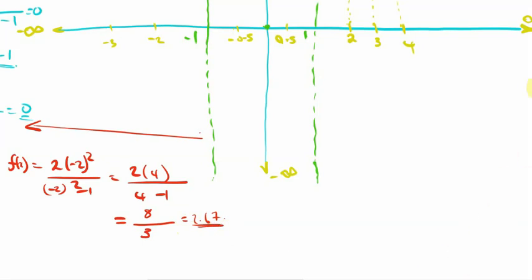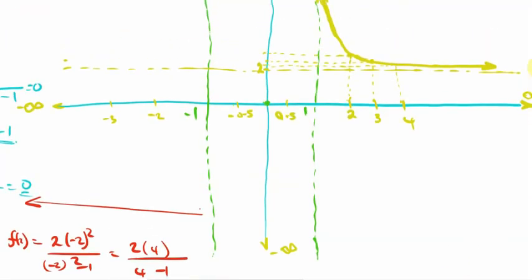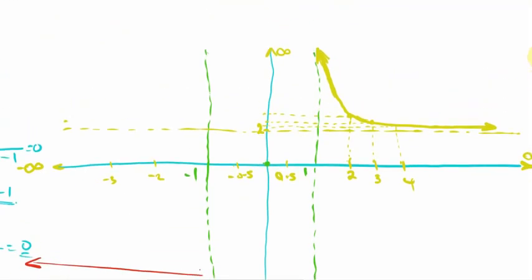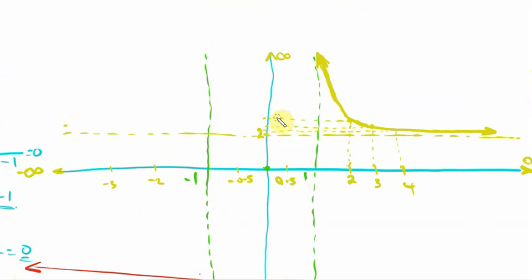Oh, it's an even graph. Already from here I'm starting to say that it's an even function. So 2.67, so we can already see from here that it would exactly be similar to that. It's a reflection in the y-axis of that graph.